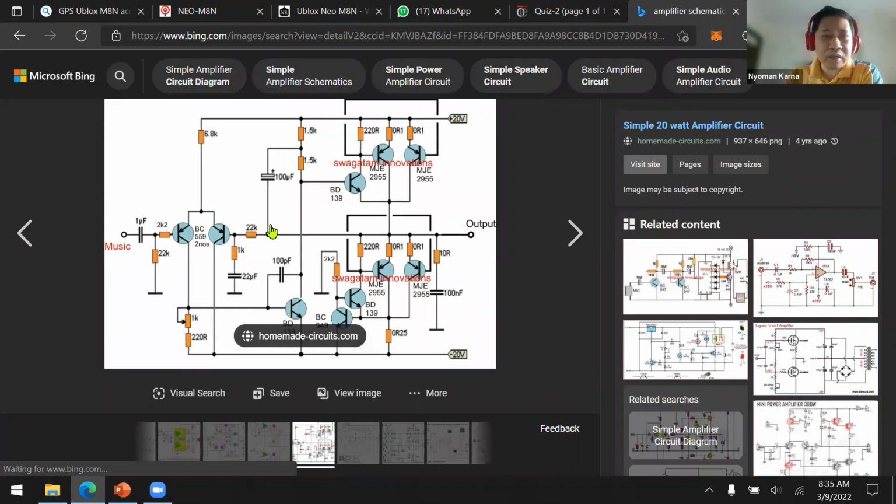Here we have the BC559, and we also have the BD139, MJE2955. All of these transistors are BJTs, bipolar junction transistors, and they're designed to amplify a signal, an analog signal. So it's not designed for digital use, but especially for analog signals.